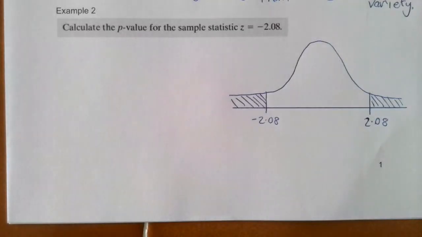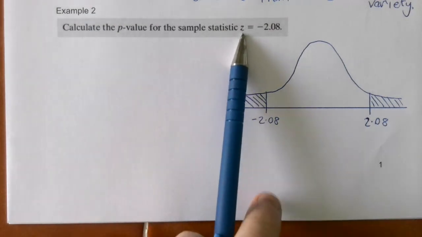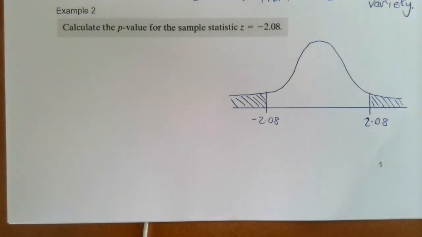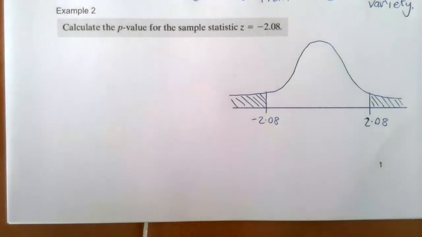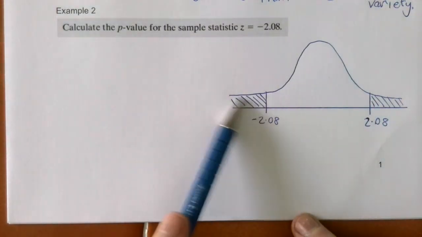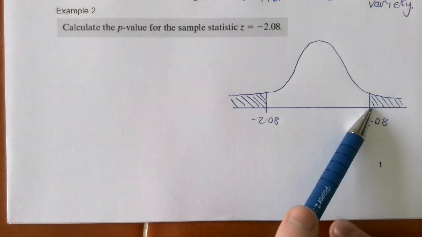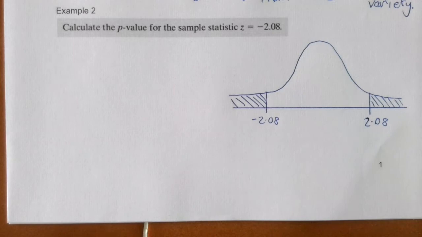The second example we have is based on the p-value. Calculate the p-value of the sample for this test statistic z is equal to minus 2.08. To find the p-value, we need to find not only the p-value for over here, minus 2.08, we also need to find the p-value for the other side, so plus 2.08. We're looking for any values outside of that.